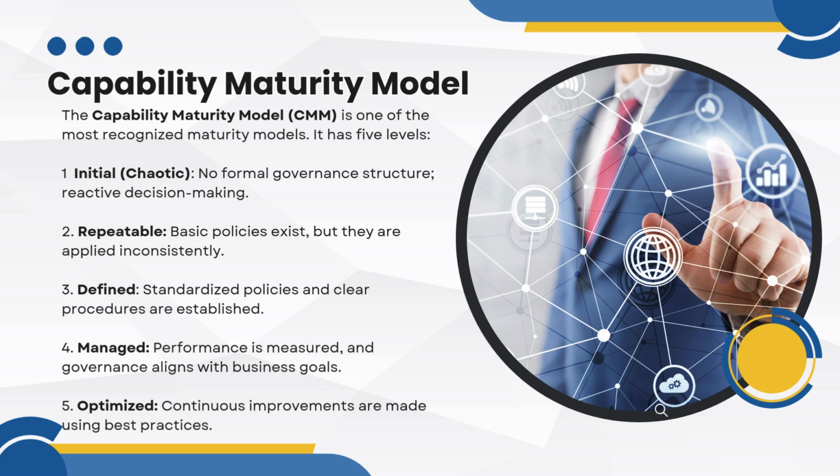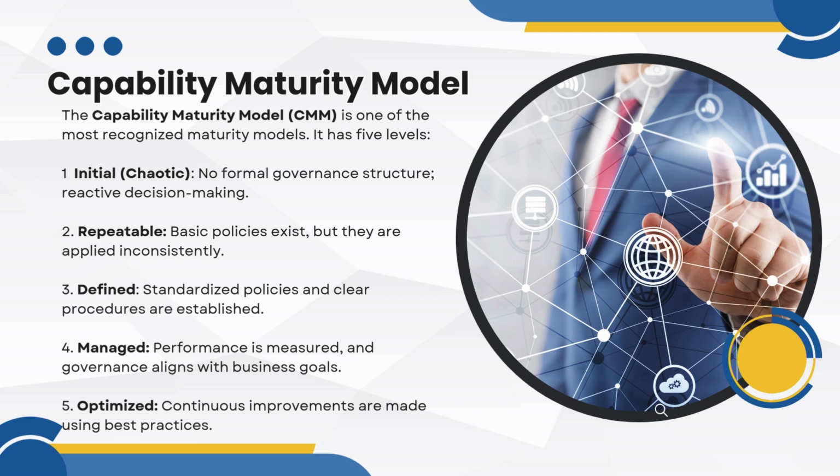Level 3, defined: governance policies are documented and employees follow structured processes. Level 4, managed: IT performance is measured and governance aligns with business goals. Level 5, optimized: continuous improvements and best practices are used to refine ICT governance.